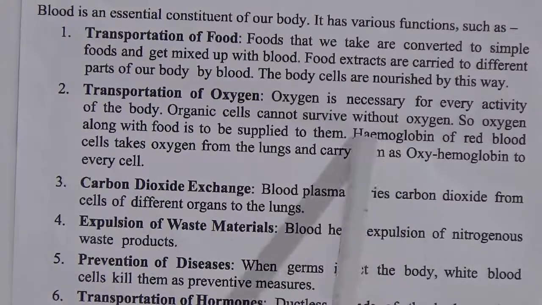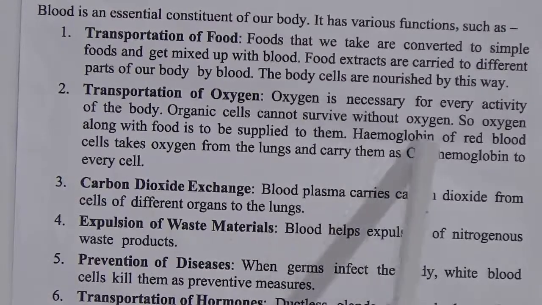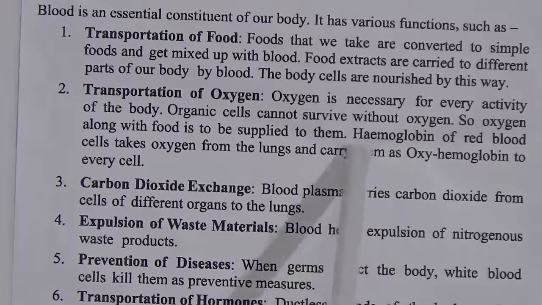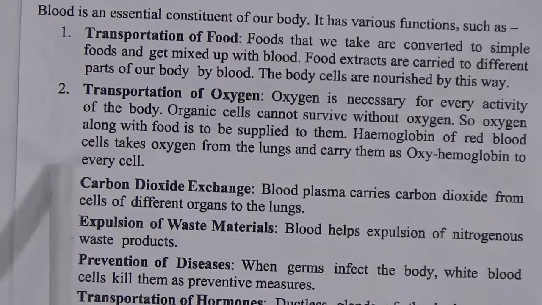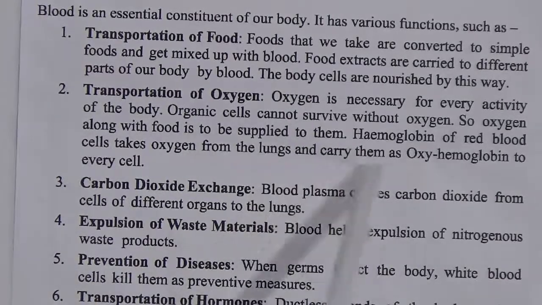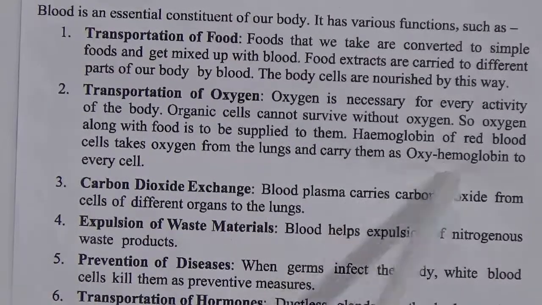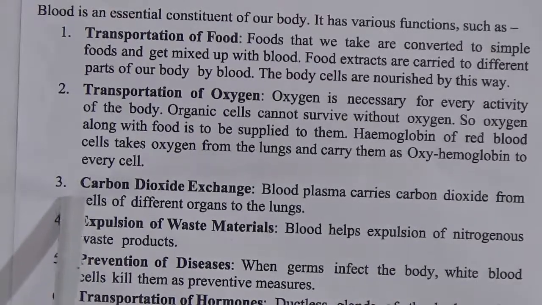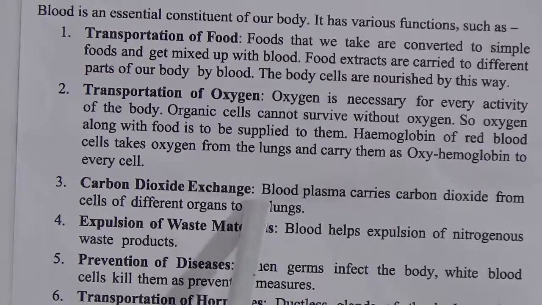Hemoglobin. We have already known that hemoglobin is present in red blood corpuscles. Hemoglobin of red blood cells takes oxygen from the lungs and carries it as oxyhemoglobin to every cell. Number three point, carbon dioxide exchange.